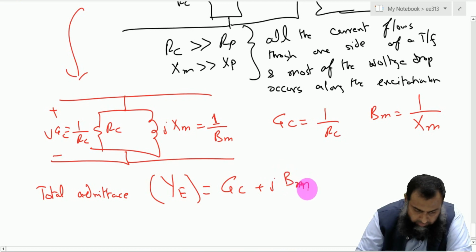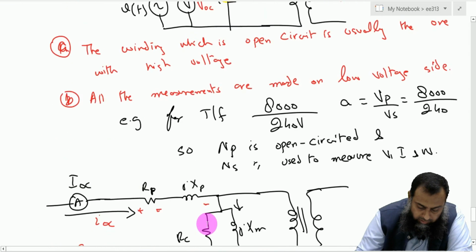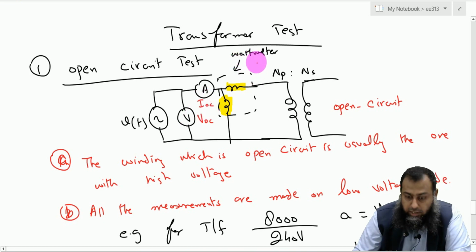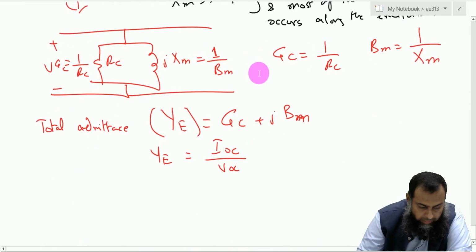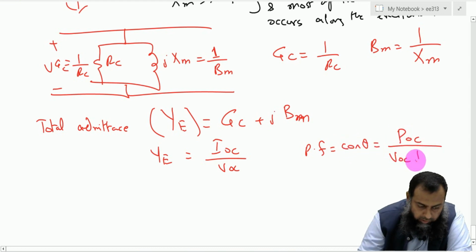Now this YE is also equal to IOC over VOC, and that is why we are measuring the voltage here as well as the current in this circuit. Alongside, we also have a wattmeter which gives us the power, known as POC here. So the power factor is cosine theta, equal to POC divided by VOC times IOC.